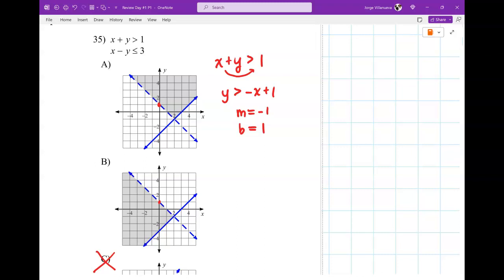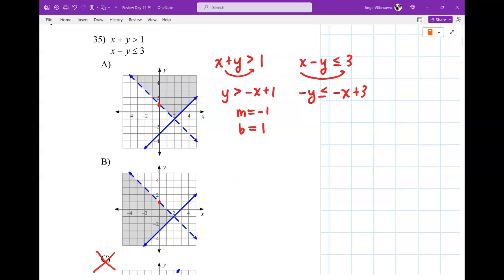So let's see. x minus y less than or equal to 3. Let me move the x over. Okay, I'm going to move this x over to this side. So I get negative y less than or equal to negative x plus 3.